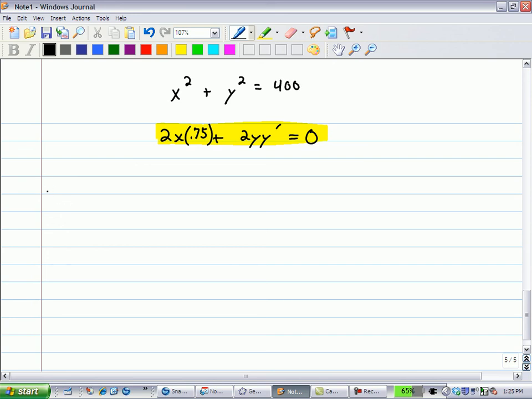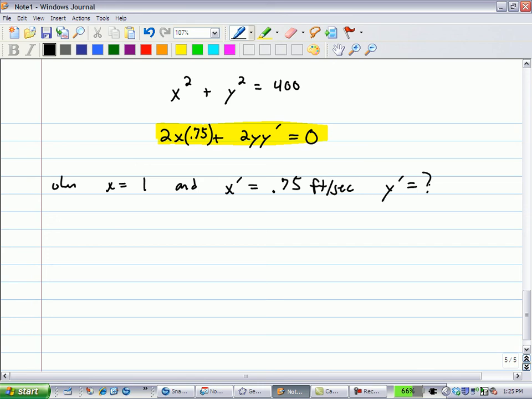So the first thing we're going to answer is, by the way, when x equals 1 and x prime equals, how much was it, 0.75? And that was in feet per second. What was y prime?